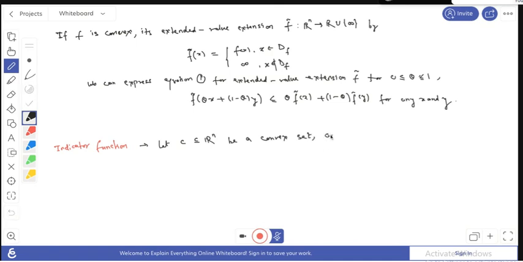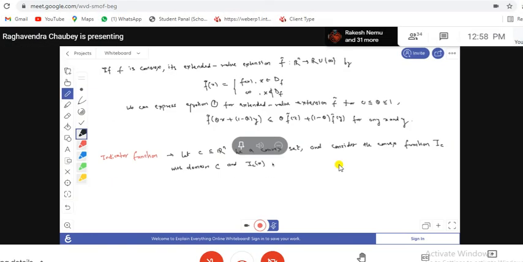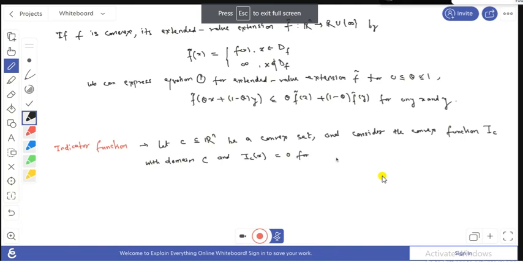You consider the convex indicator function, that is I_C, with domain C, and this indicator function is equal to 0 for all x that belongs to that convex set C. Okay.